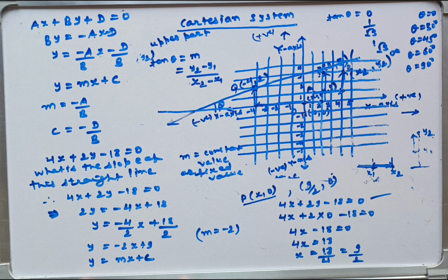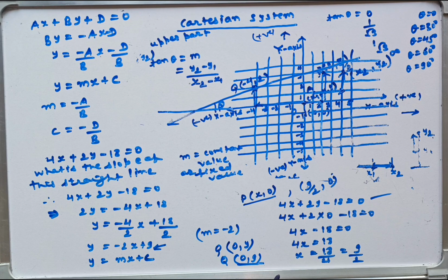Where does this line cut the y-axis? You don't need to do it like this. Take Q as any point on the y-axis, like 0 comma y, and put in the value, then we will get the y coordinate of the point Q. See the equation: what is the constant term here? The constant term is 9, so this point has the coordinate 0 comma 9.